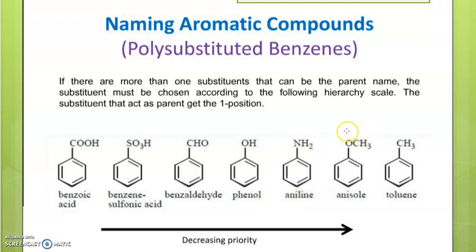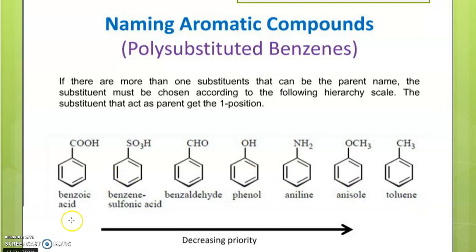Then you have OCH3, so COC, an ether, known as anisole. And the last one is toluene, which is benzene attached to one methyl group. Toluene is very useful in industry, for making paint and so on.